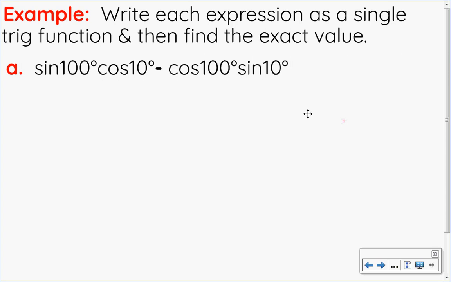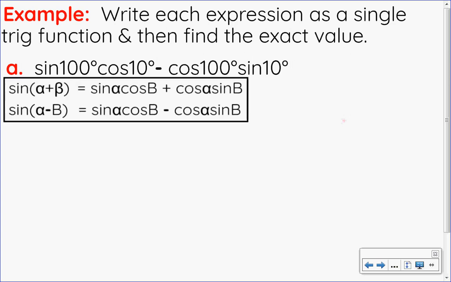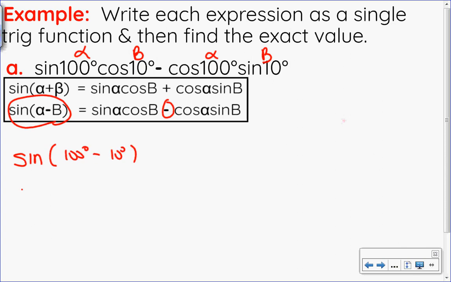Looking at this one here, I have a combination of sines and cosines and they are subtracted. I go to my formula sheet and see which one that is. It's going to be this one, so I'm going to apply the sine angle difference. In my formula, this will be alpha and that will be beta. Following that pattern, this simplifies to sine of alpha minus beta.